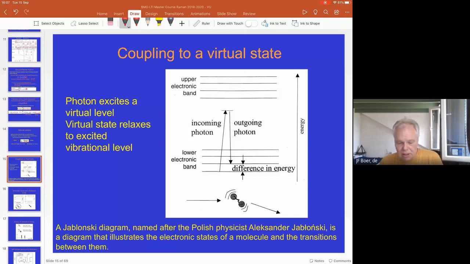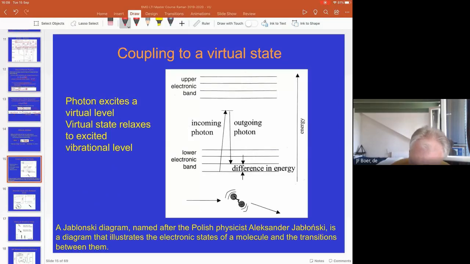So that scattering process that I just described, we like to describe in what is called a Jablonski diagram. And it's named after Polish physicist Alexander Jablonski. And it's a way to depict the energy levels in the molecule and what the energy of the incident photon is with respect to the internal energy levels of the molecule.